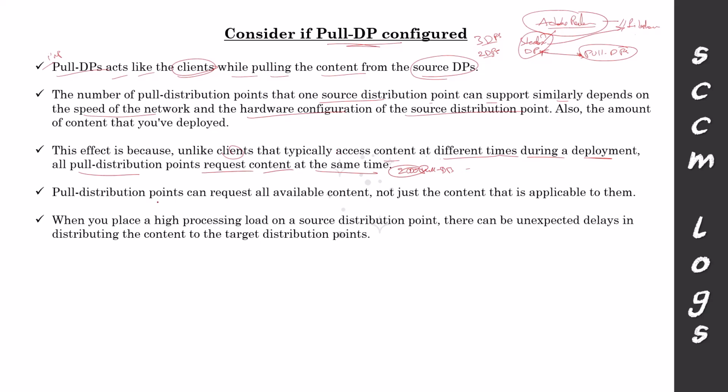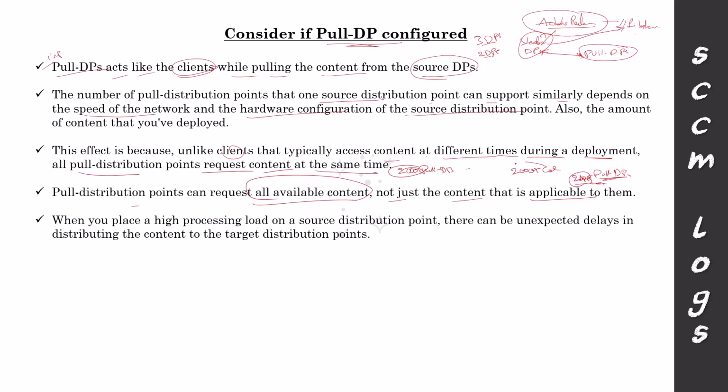The full DPs can request all available content, not only the content that is applicable to them. For example, in your standard DP you can have 2000 plus contents. When you distribute content to the full DP, for example you only distribute two applications to it, but this full DP won't take just these two applications.